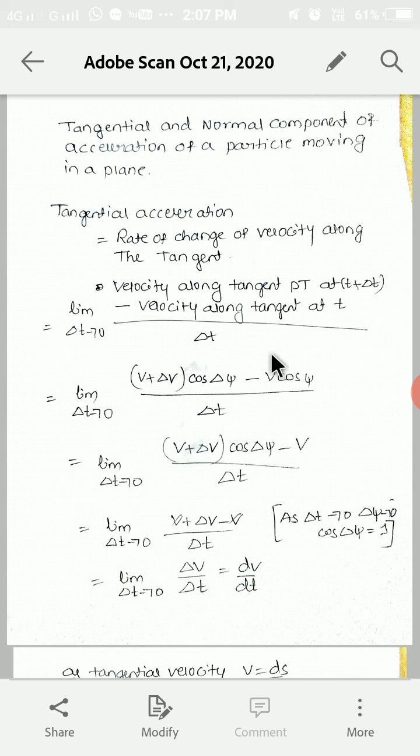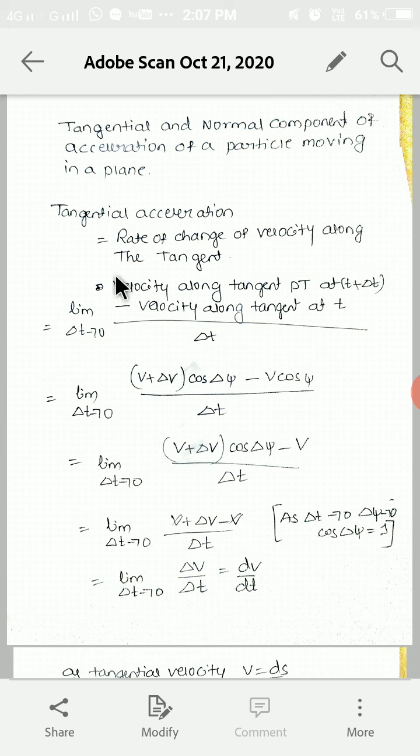This is again by using the first principle of differentiation, which we have studied in PUC second year. That is, if y is equal to f of x is a function, then dy by dx by the first principle is written as limit as delta x tends to 0 of f of x plus delta x minus f of x, divided by delta x.